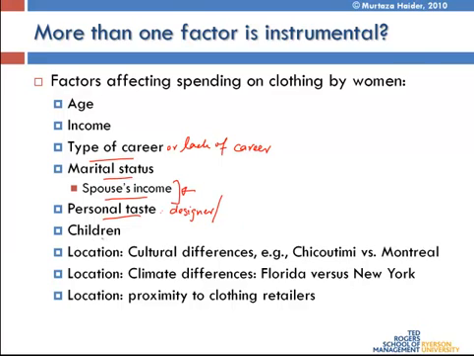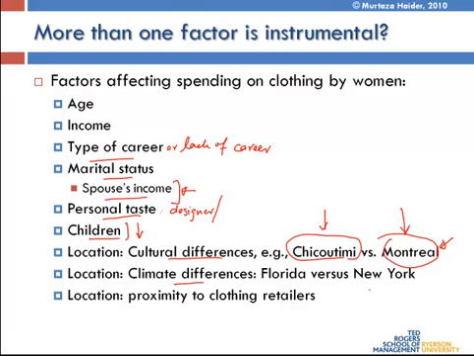Presence of children has probably a downward impact on clothing spending, because you have to spend money on children. And then cultural differences. Now, Chicoutimi is a rural part of Canada, and Montreal is a cosmopolitan city. Obviously, clothing is more expensive here than it is here, and the choices are more here in Montreal than a rural part of Canada, and therefore cultural difference would also impact spending on clothing. Perhaps climatic differences.